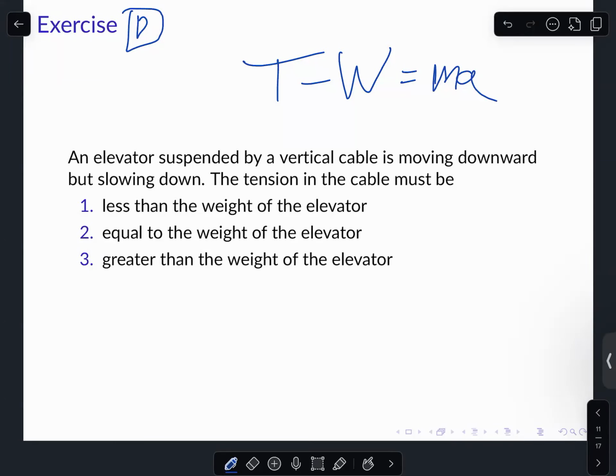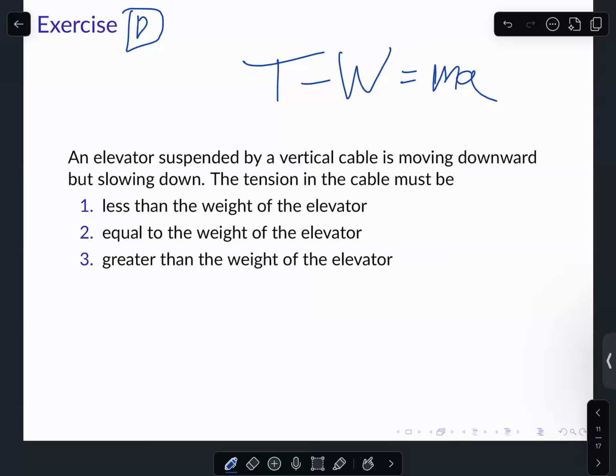Ooh, okay, so people either didn't learn or have forgotten what acceleration is. That's about 50% right. Read carefully, my dudes. Change one word in this and it'll be different. And please talk to each other and help each other out. Moving downward and slowing down. How do you find the direction of acceleration if you know it's moving downward and slowing down?